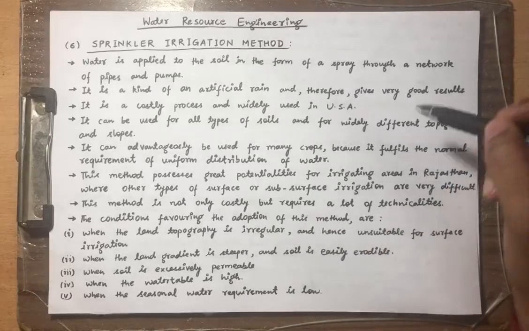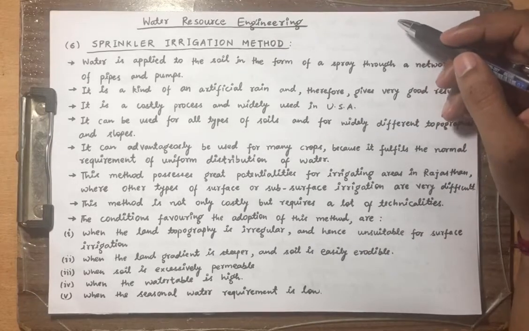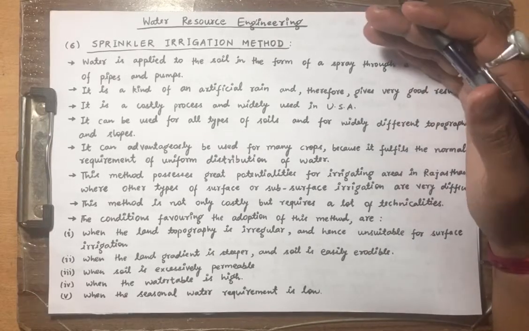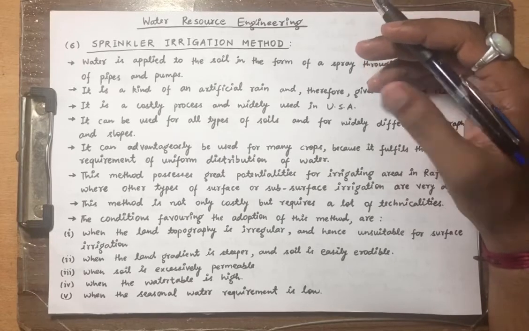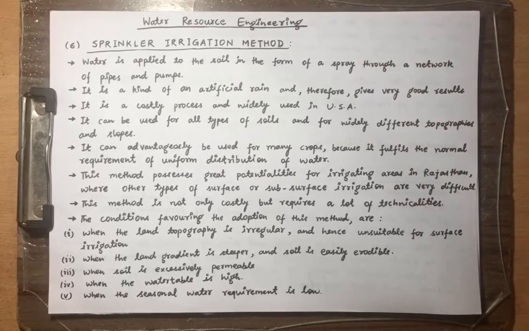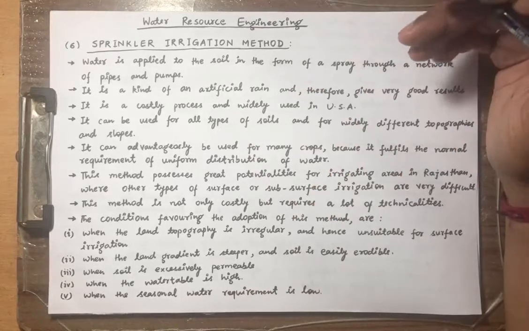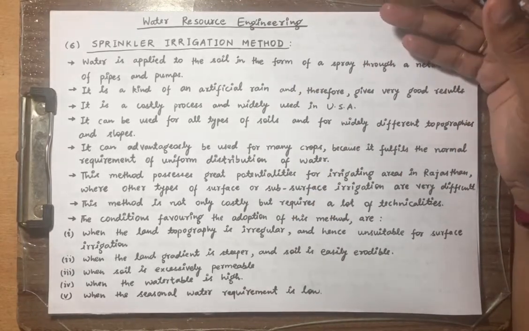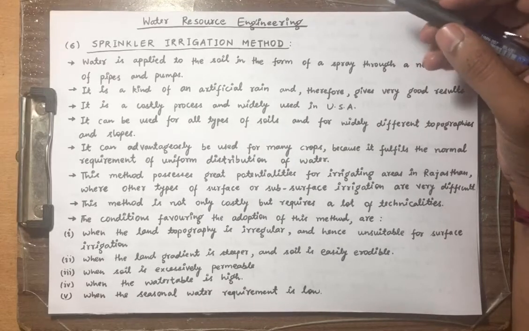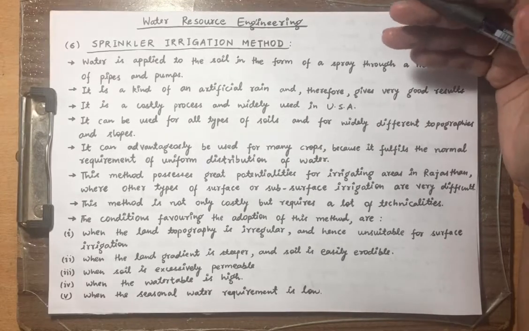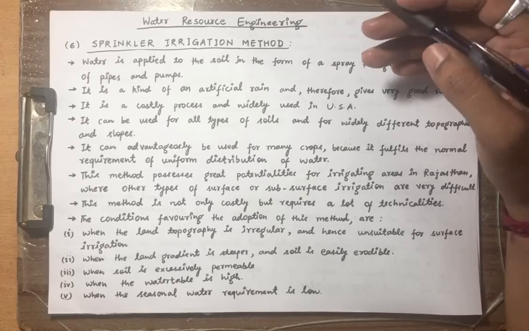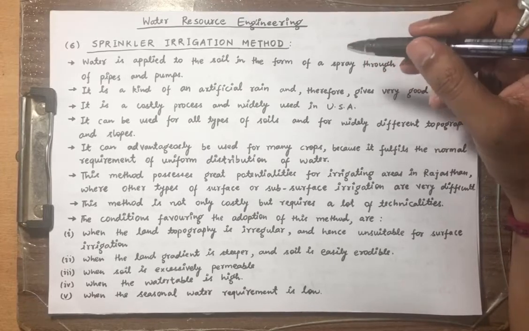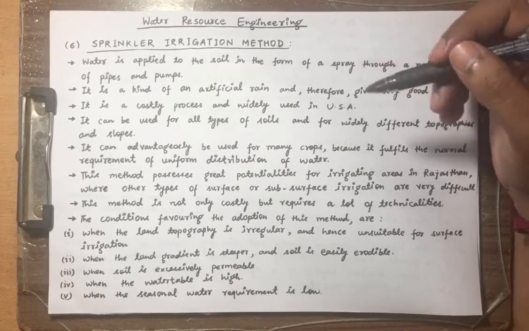Depending upon the topographic and slope conditions, if the slope is very steep, then we will reduce the discharge. If the slope is very gentle, then we can increase. So depending upon the requirement, the soil and the topography, it can be used. It is multi-purpose, or you can say it is very versatile in its use.